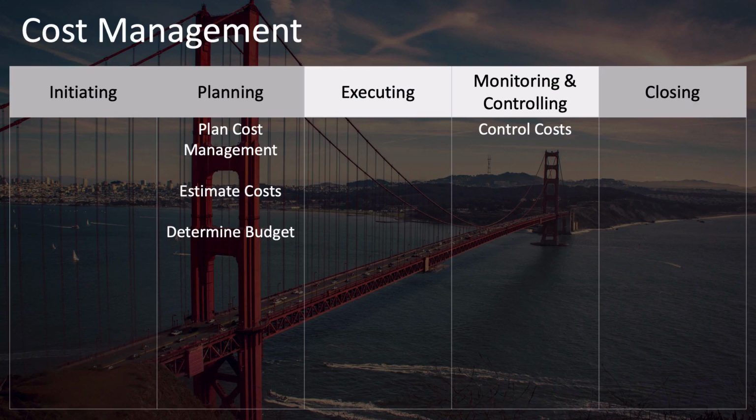This is because the direct and manage project work process, which is part of the integration knowledge area, is the process that handles the executing process for scope, schedule, and cost combined. Control costs will also need to interface and integrate with the monitor and control project work process, which is also part of the integration knowledge area.